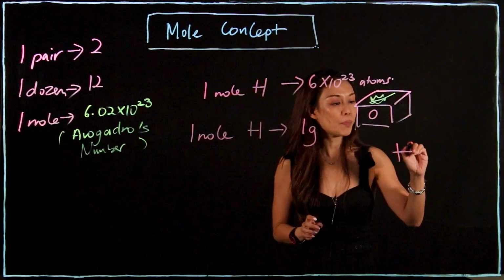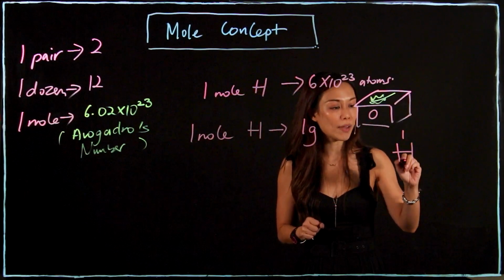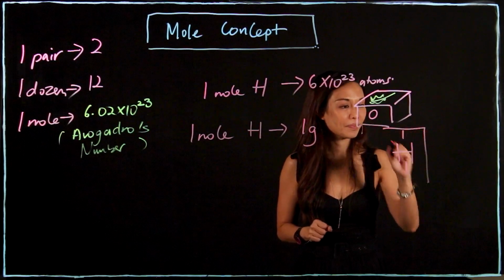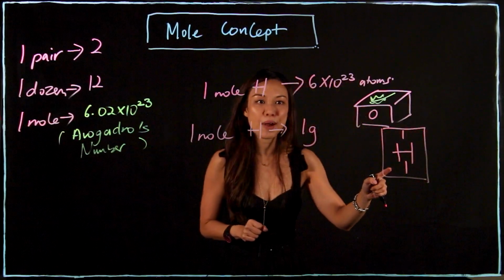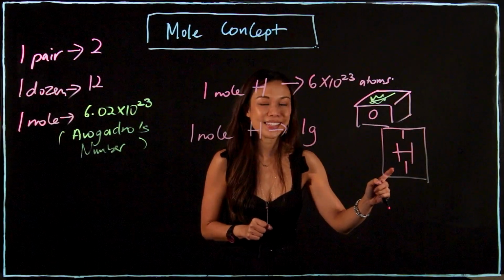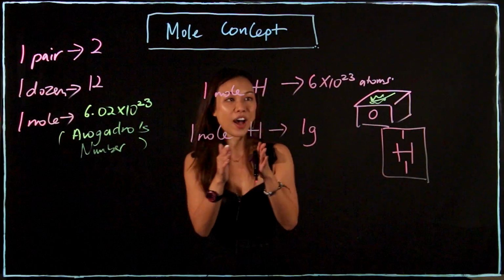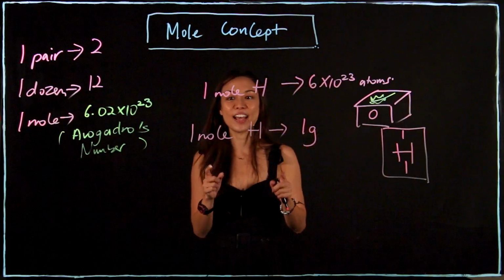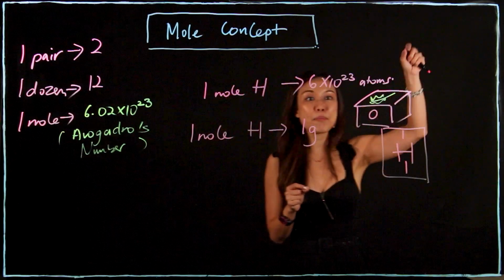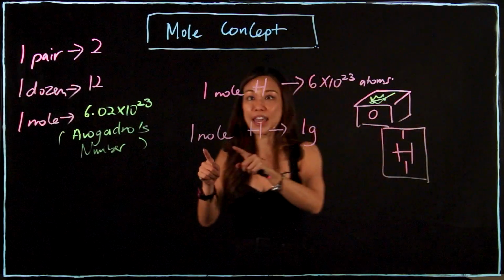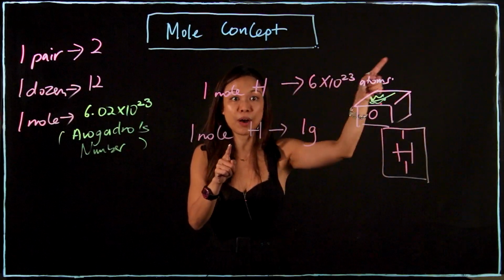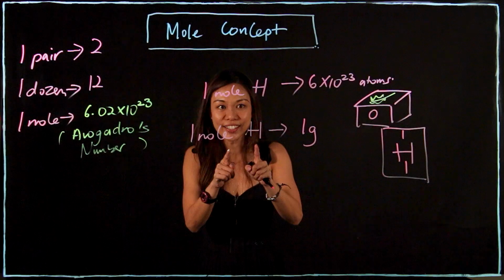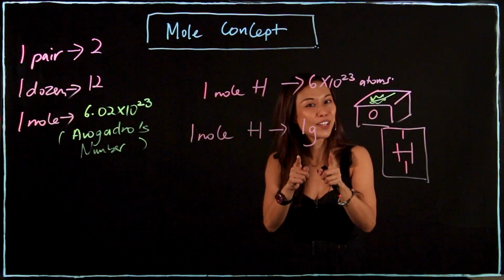And how do I come up with this? Well, from the periodic table, you know that hydrogen is 1, 1. The number below represents your relative atomic mass. So if I say 1 mole of hydrogen is equivalent to 1 gram, then it makes sense now. Since I can't measure 1 atom, I can measure 6 times 10 to the power of 23 atoms of hydrogen, and that will give me 1 gram.